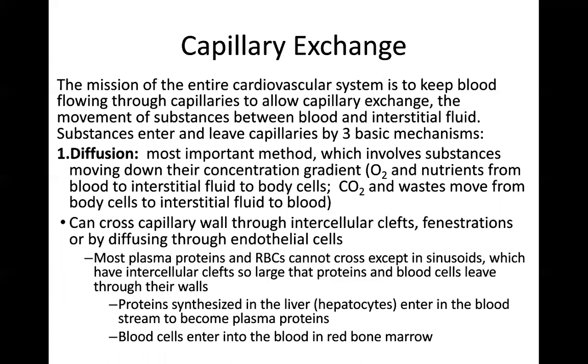The most important method, I would highlight that phrase there, is a process we've talked a lot about, especially at the beginning of the semester, diffusion, where substances move down their concentration gradient from high to low, like oxygen and nutrients from our blood to interstitial fluid, and then into our body cells. Carbon dioxide and waste go from our body cells into the interstitial fluid and then into our blood, in the opposite direction that the nutrients and oxygen are going.